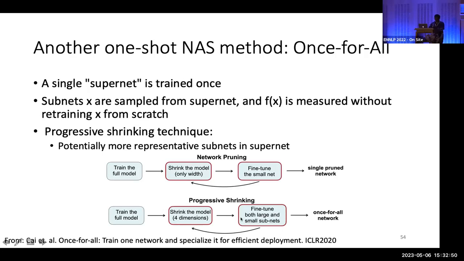So this is one way they try to address this assumption that your subnetwork should have similar performance when you draw from a big network.